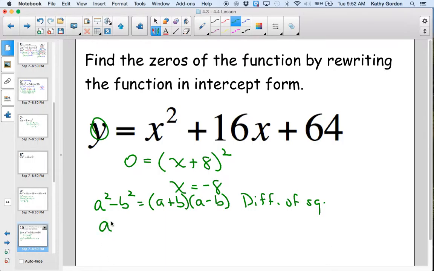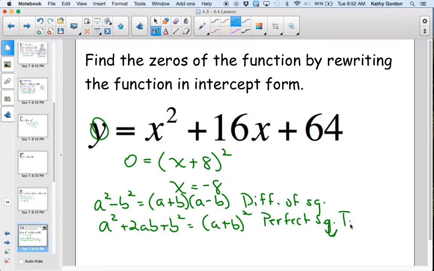And when you have a squared plus 2ab plus b squared equal to a plus b quantity squared, that's a perfect square, whoops, not a G, a Q, perfect square trinomial pattern.